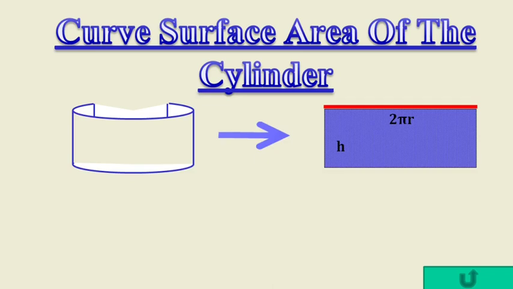The breadth of this rectangular sheet is labeled as height, that is h, because this breadth is actually the height of our cylinder.